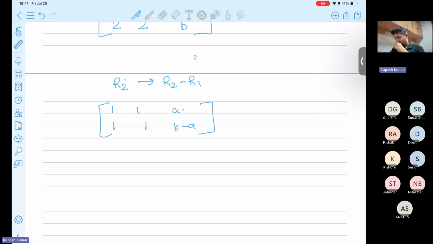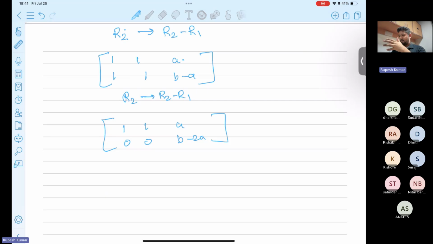Let's say I set R2 to R2 minus R1. You will get this system of equations 1 1 A, again 0 0, and B minus 2A, right? So basically no single solution exists for these systems of equations.